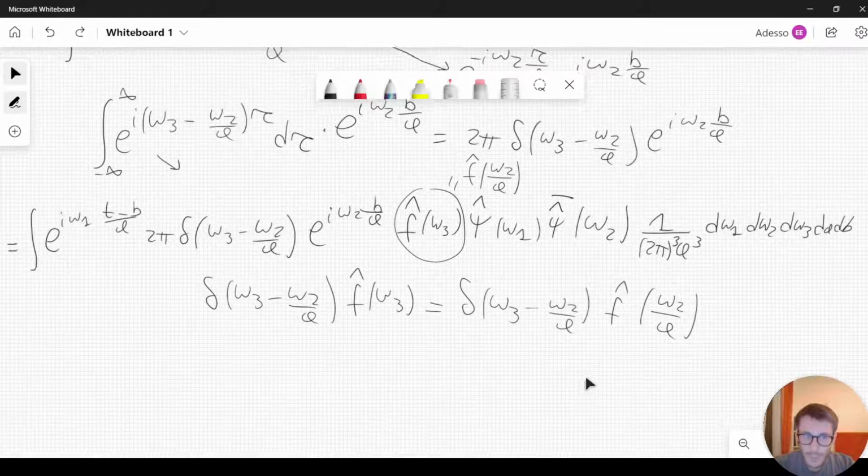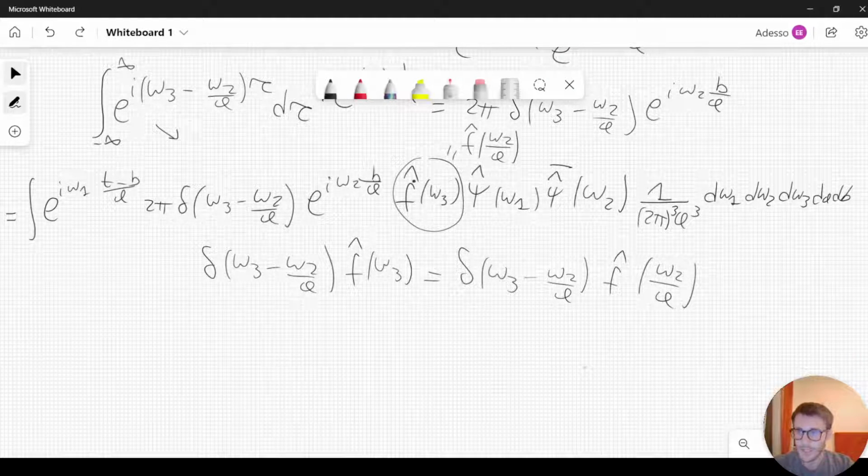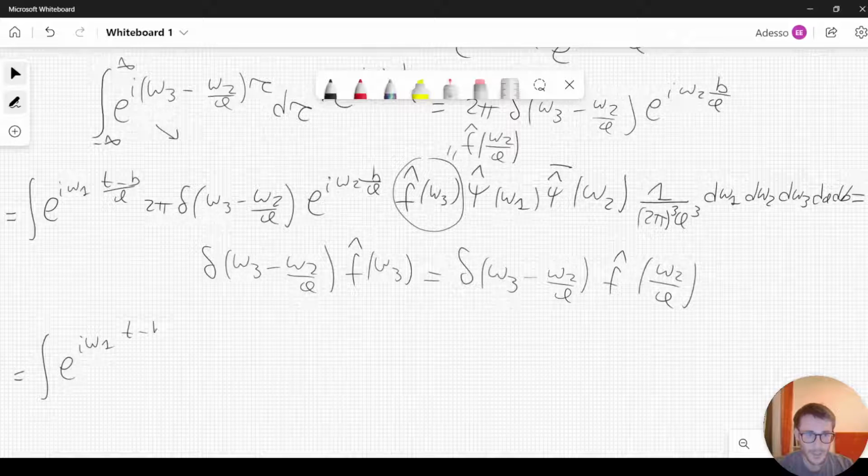So what I can do is this. I can set this equal to integral, and I have e to the I omega 1 t minus b over a. I have a factor of 2 pi here. I have, instead of the Dirac delta, I have just 1.